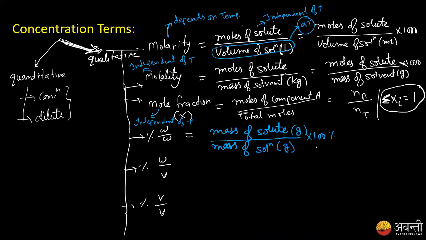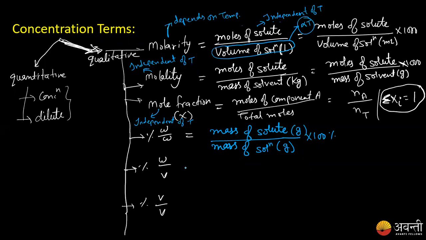Clear? Since in the numerator there is mass and in the denominator also there is only mass, mass is independent of temperature, hence percentage weight by weight is also independent of temperature.